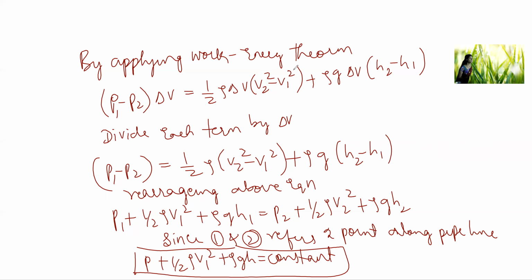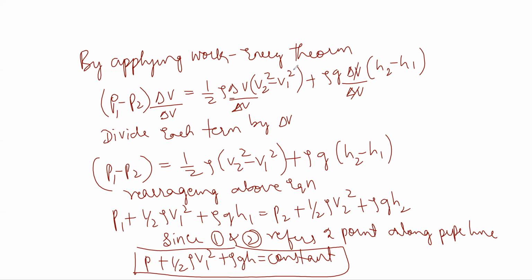By applying the work-energy theorem, (P1 minus P2) delta V is equal to half rho delta V, taking common, (v2 squared minus v1 squared) plus rho g delta V (h2 minus h1). Now divide the whole thing by delta V. When we divide, delta V cancels on every term.